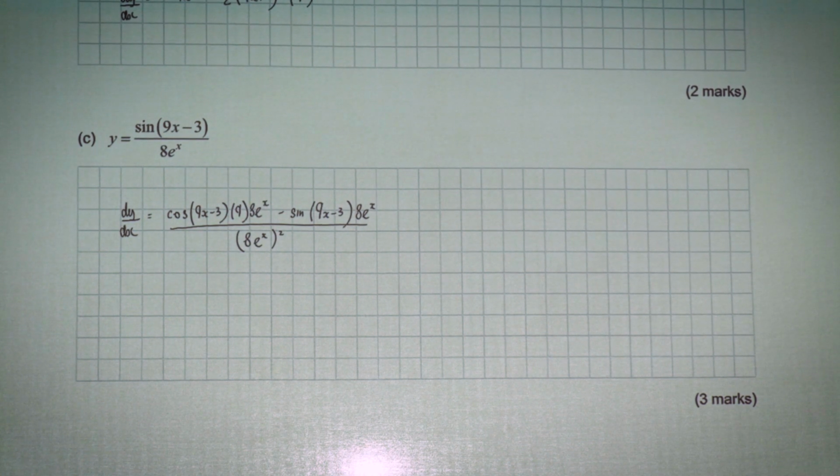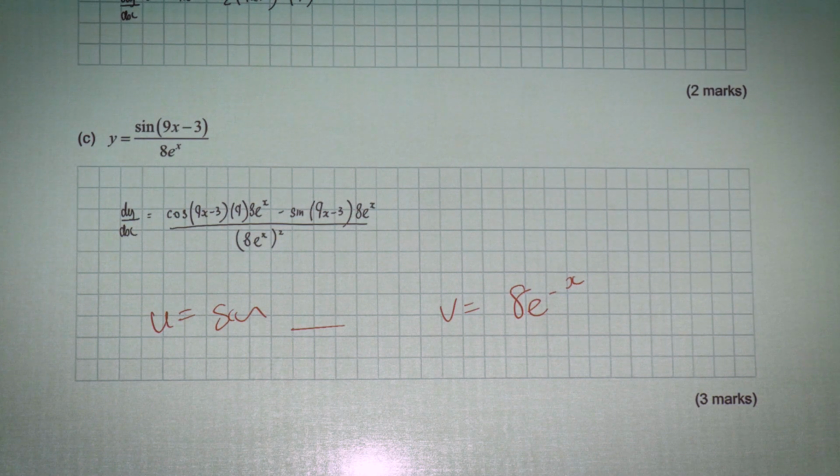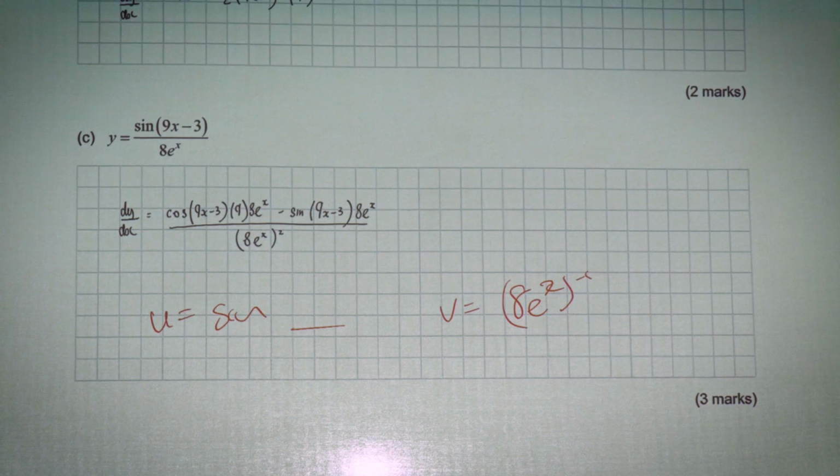But if they write, u is equal to, the sine whatever, and then v, turning that into, so bringing that 8e to the power of x up, if they did that, they did not do very well on this one because that is not the product rule form for the v function there. Okay, very easy thing to do. You want to do it because it's a power, you want to make it negative, but fundamentally, as I'm sure you're all aware, it should be that.